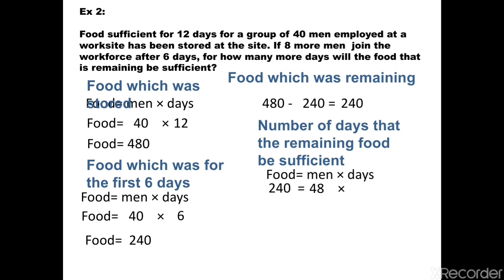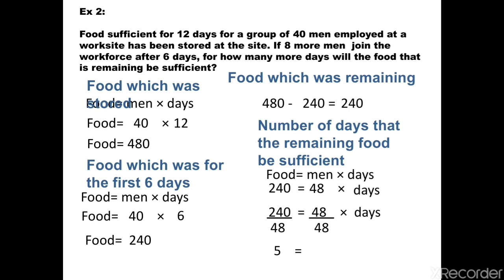Then there are 48 men because 8 more men joined the workforce after 6 days. But here we do not know how many days are remaining for the food stock. So here also we can do a simplification. That means we can divide both sides by 48.